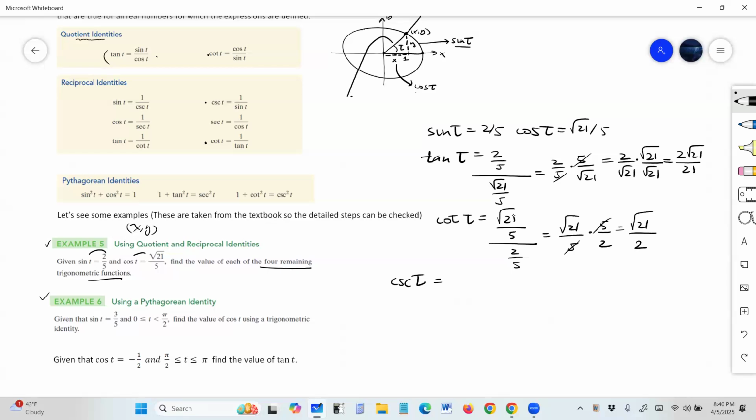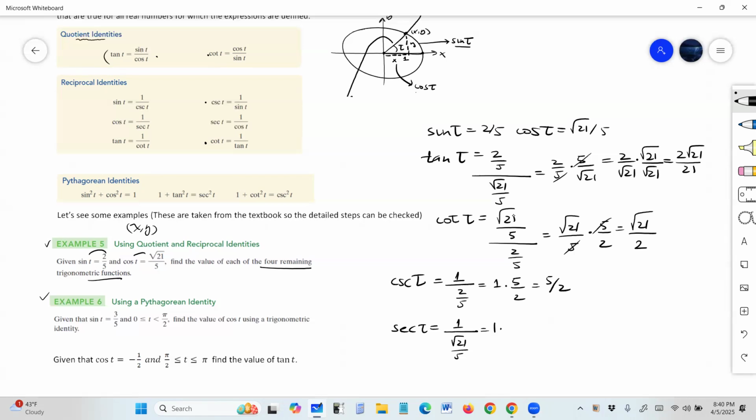So that's cotangent. Okay, let's do cosecant. Cosecant t is, as you can see there, 1 over sine. And sine is 2/5. So keep the first value, multiply by the reciprocal. And we have 5/2. Let's do secant. Secant of t is 1 over cosine, which is radical 21 over 5.